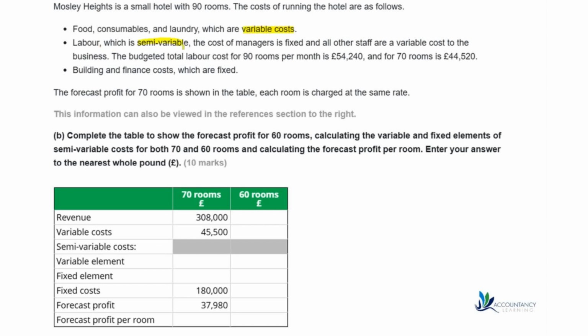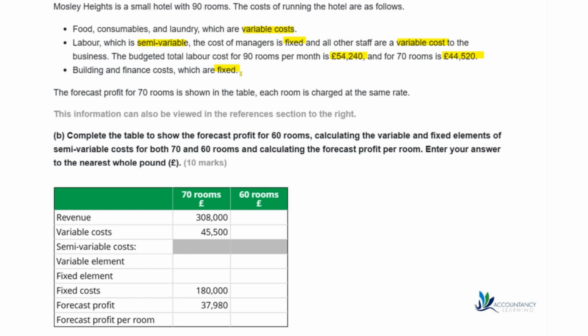Labour is semi-variable, and the cost of managers is fixed, and all other staff are a variable cost to the business. Budgeted total labour cost for 90 rooms per month is 54,240, and for 70 rooms is 44,520. It also has building and finance costs, which are fixed as well.